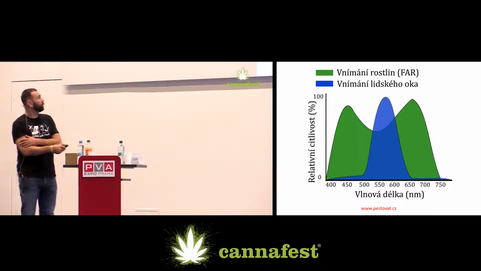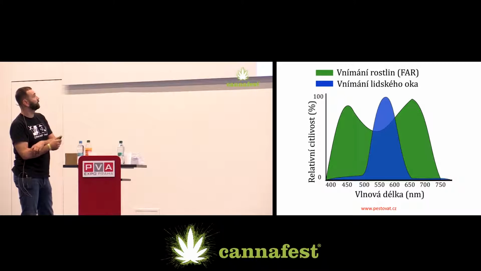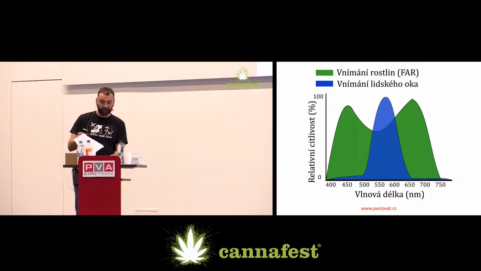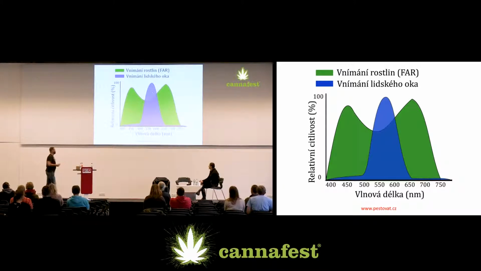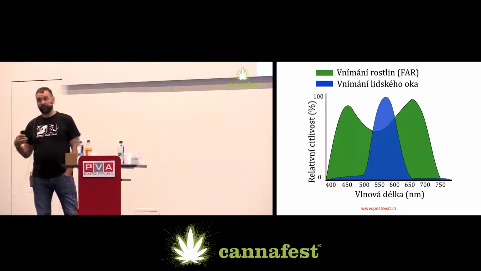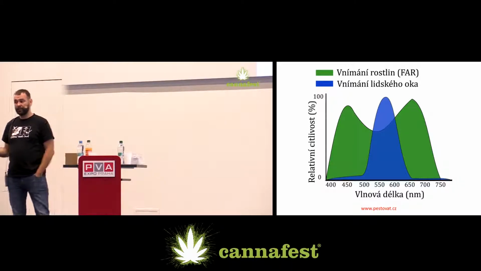So this is the basic difference between the perception of light by us, by humans, and the perception of light by plants. Because of this difference, we can't use lighting destined primarily for people for plants.